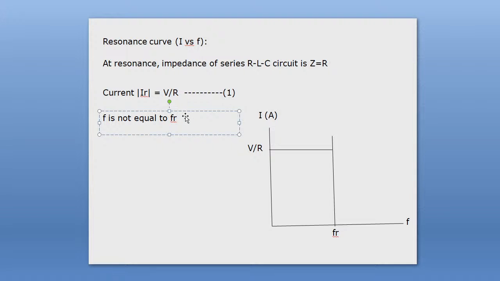Otherwise, for other frequencies except f_R, the current I equal to V by mod Z. So mod Z equal to square root of R square plus omega L minus 1 by omega C whole square.